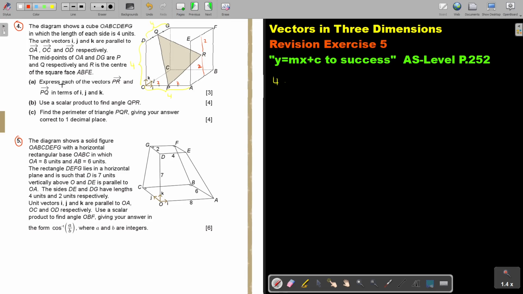Now, express each of the vectors PR and PQ in terms of i, j, and k. Now, there's 2 ways of doing it. I'm first going to show you just by checking it out on the picture. And then I will show you how to do it in terms of position vectors also. I just need a little bit of color to come in now.